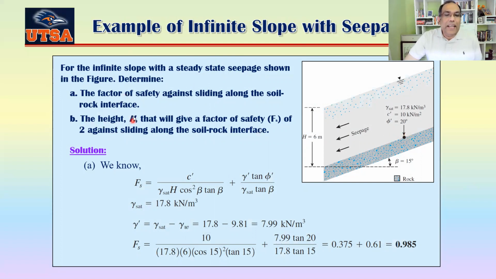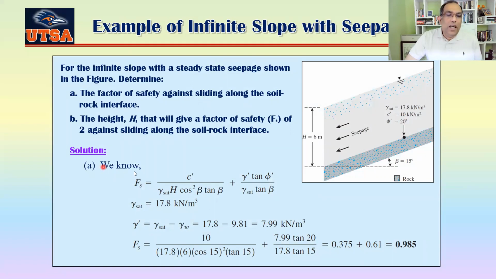Find the height h that will give a factor of safety of 2 against sliding along the soil rock interface. If your C equals 0, or granular soil, then it's not a function of h. But here we see that this is a C-phi soil, which means it has cohesion and also has the angle of internal friction, 20 degrees. So it's a function of h.